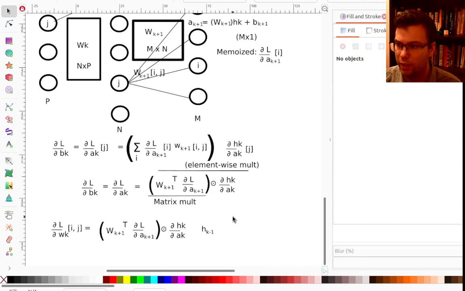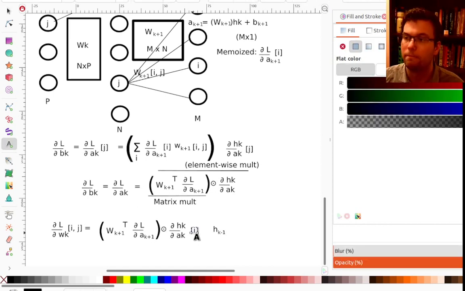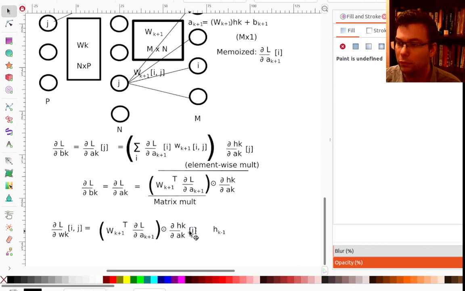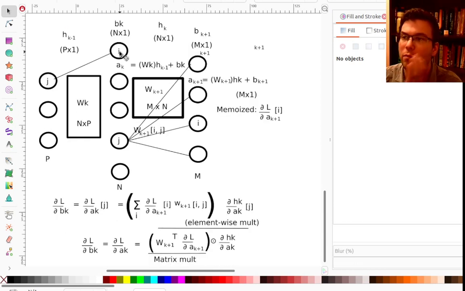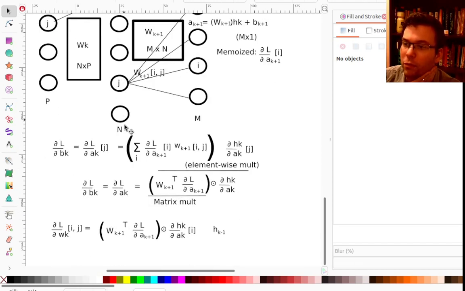The expression that I was just working on now gives me the ith component of this vector. Remember, now I'm indexing it with i, because I'm looking one back. This gives me the ith component of this vector, which is the derivative with respect to A_k. So I have the ith component of that.